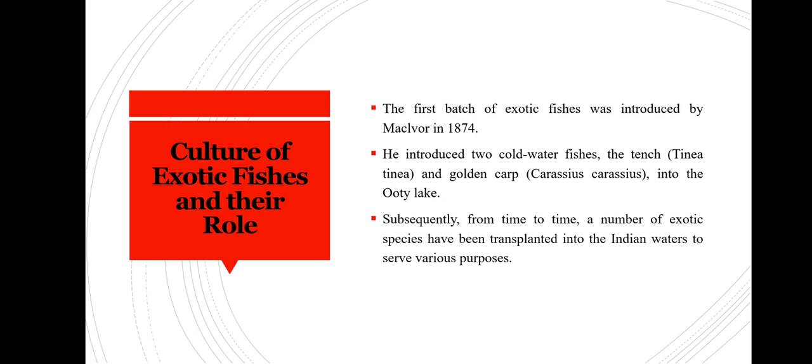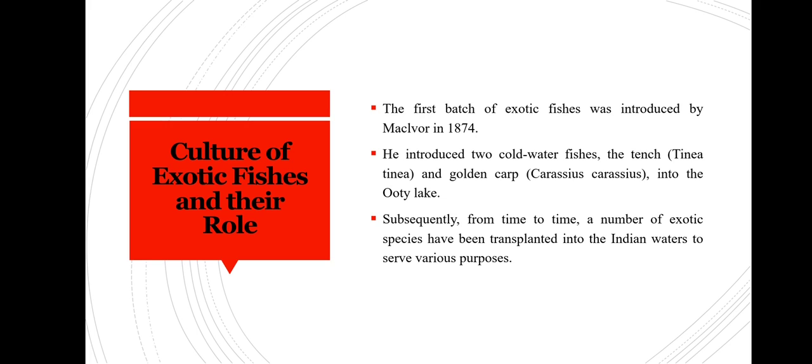Some exotic fishes examples are gourami, tilapia, which is a carnivorous fish, scale carp called Cyprinus carpio, grass carp, silver carp, and nilotica. Nilotica's origin is Thailand. Silver carp is from Hong Kong, and tilapia is also from Thailand.